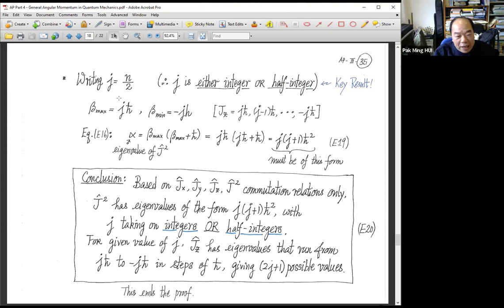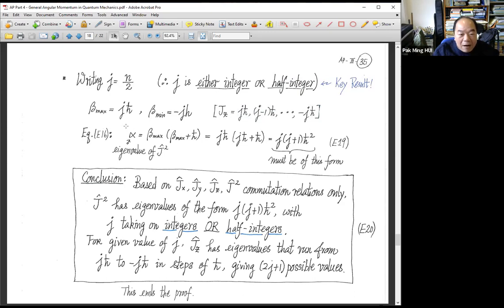Once you have J given, okay, the Z component will take on 2J plus 1 values because they are in steps of 1 H bar apart. Okay, so there are 2J plus 1 values.